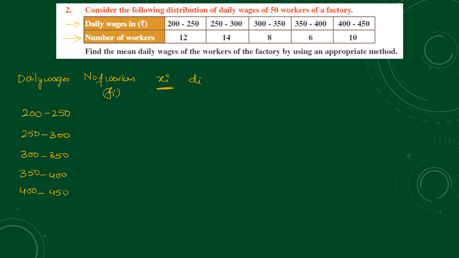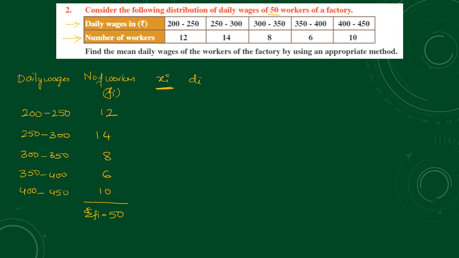Listen carefully so that you can easily understand. So 12, 14, 8, 6, 10. Clearly it has been mentioned there are totally 50 workers, so summation of Fi is equal to 50. If you want you can add it out.